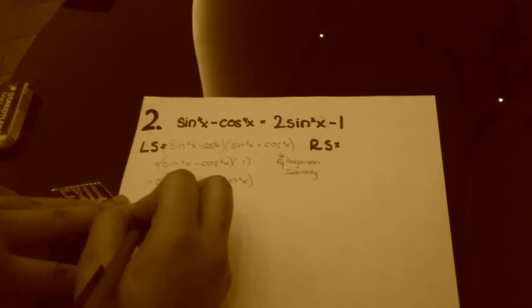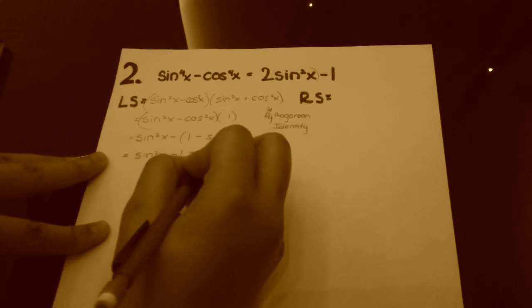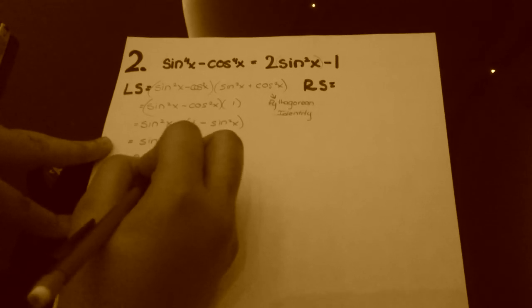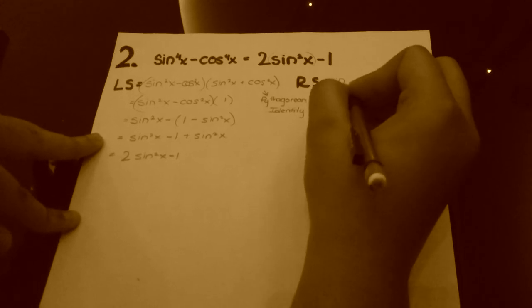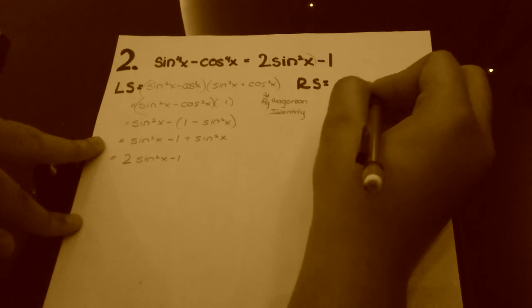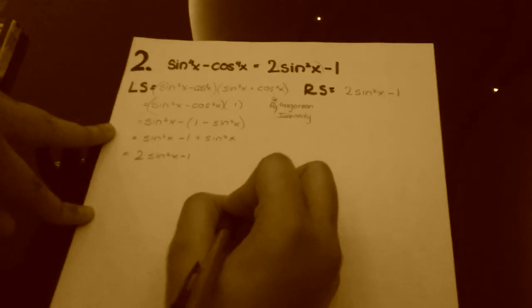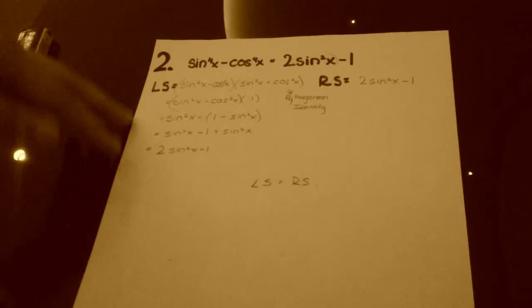So once this is all multiplied out, it would be sine squared x minus 1 plus sine squared x, which is also 2 sine squared x minus 1. So the right side is also 2 sine squared x minus 1. So in this case, left side equals right side.